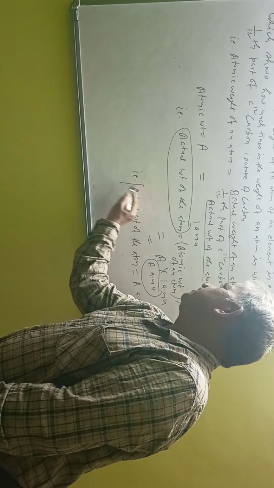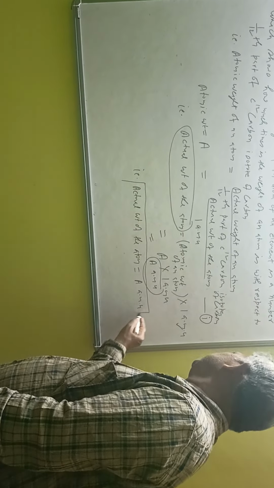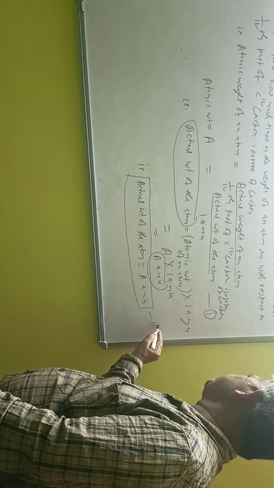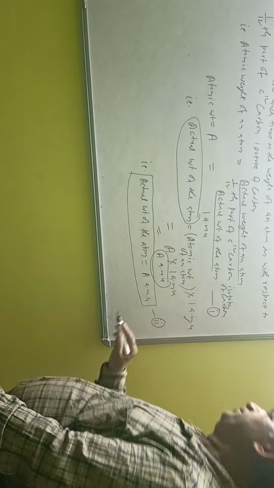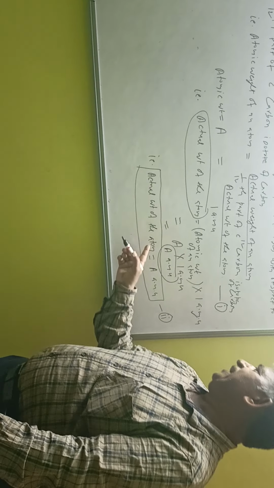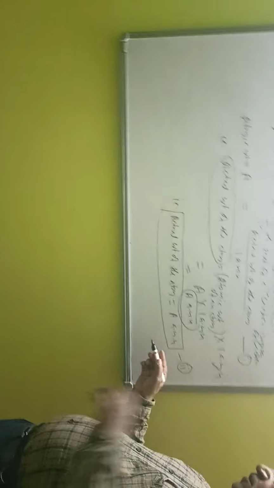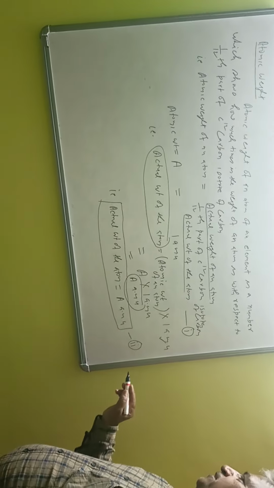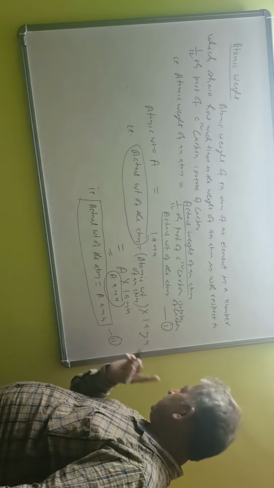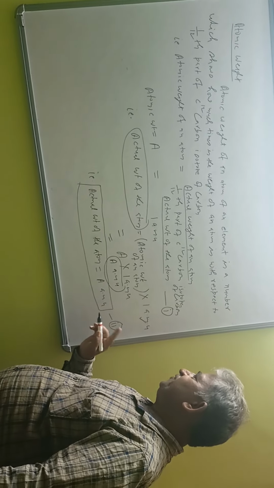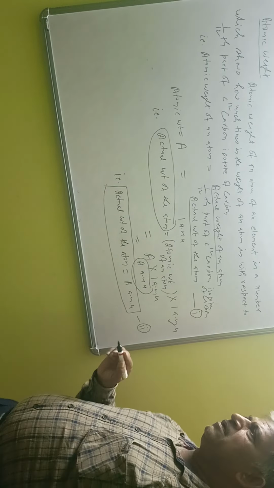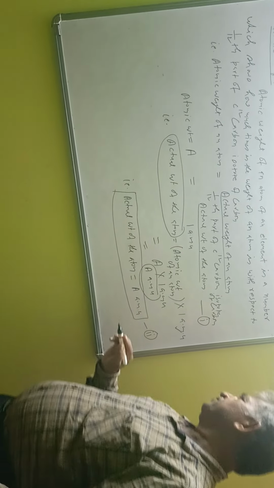This is the second equation, and this represents the actual weight of an atom, represented in terms of the AMU. And the first concept was none other than the definition of AMU, that is 1 AMU. Already in the previous video I have explained.